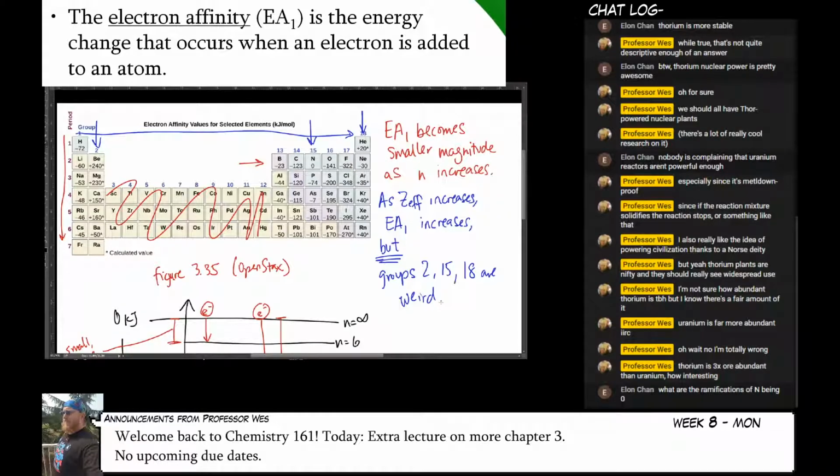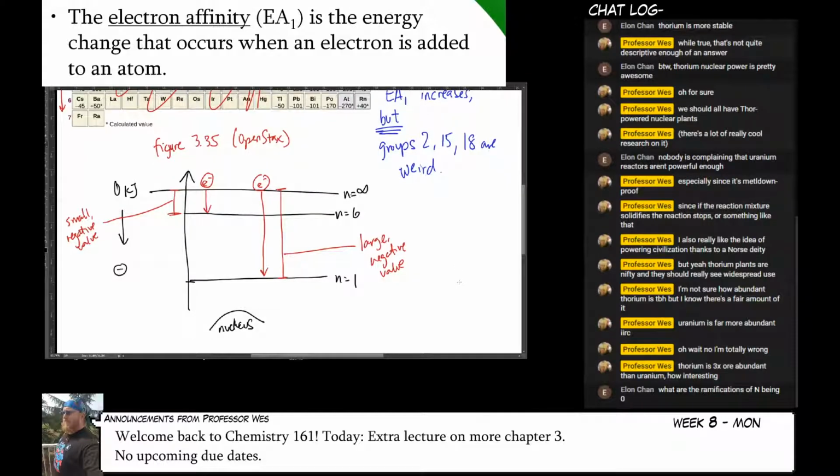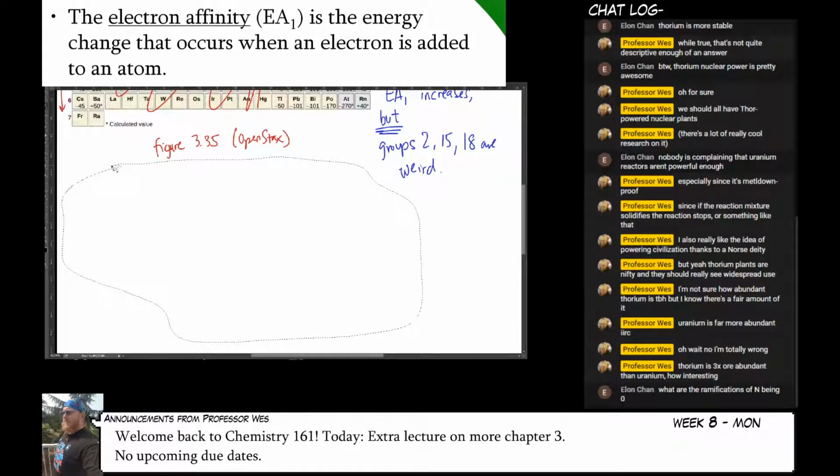Really, what I should write is exceptions, but we can actually easily explain these. And so let's do that real quick. I wish I had drawn this on another layer, because now I have to erase it but redraw it. All right. So let's try and explain what happens in group 2.